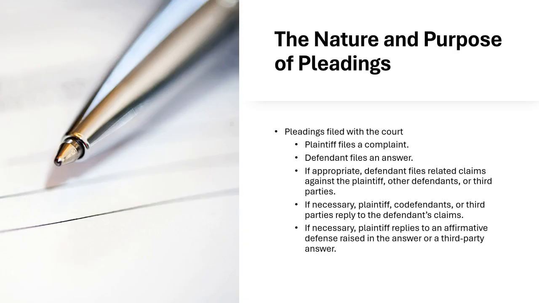Or against other defendants, they can file a cross-claim or bring in third-party defendants. If necessary, the plaintiff, co-defendants, or the third parties will reply to the defendant's claims. And if necessary, the plaintiff will reply to an affirmative defense raised in the answer or in a third-party answer.